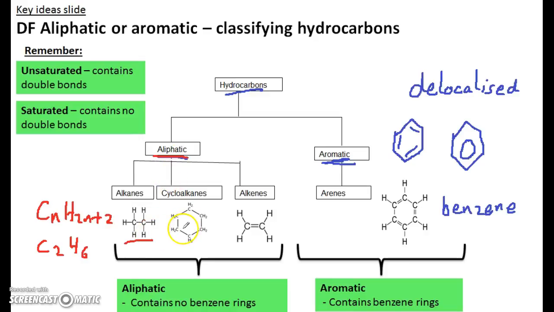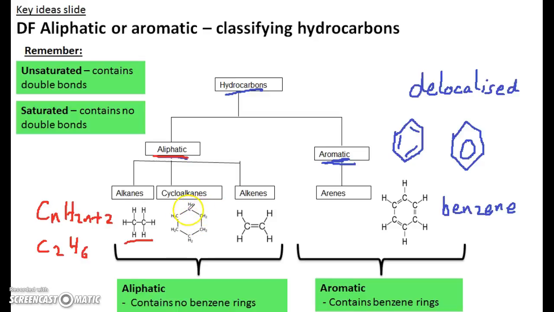But a couple of groups that you might be less aware of, or certainly the cycloalkanes you might have seen before. This is a molecule where you've got an alkane chain joined together into a ring structure, into a cyclic structure. And again, no benzene rings.